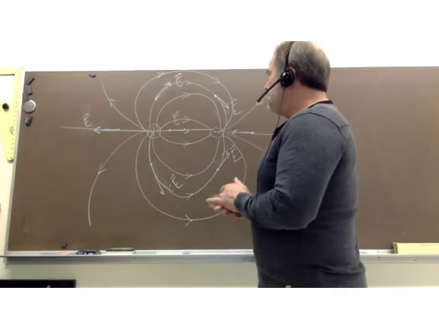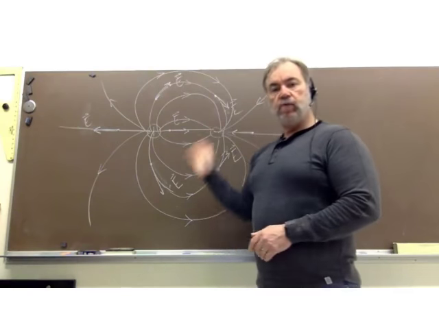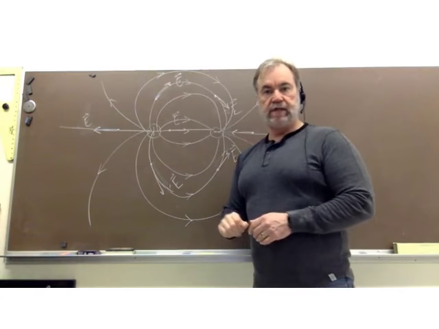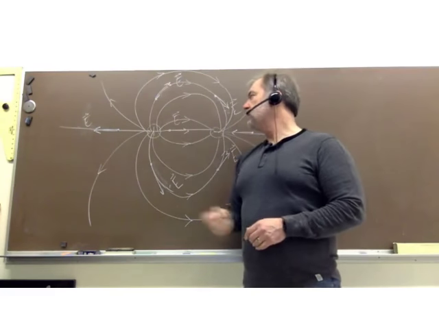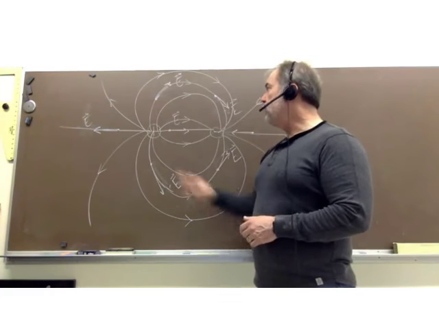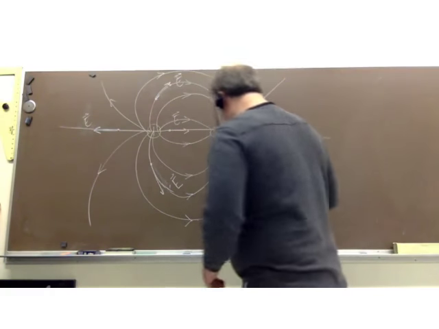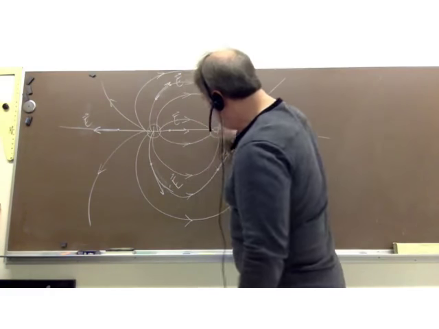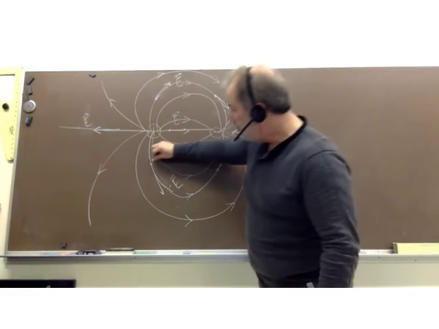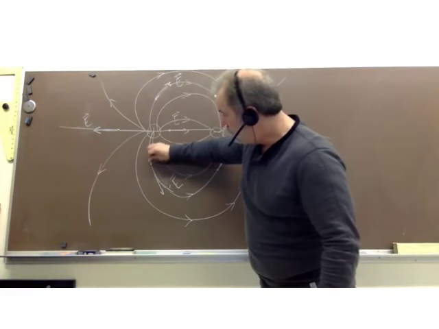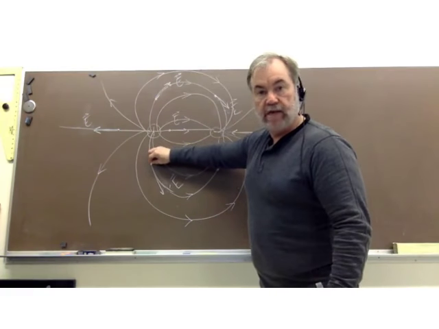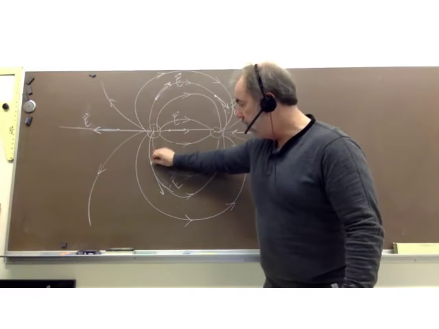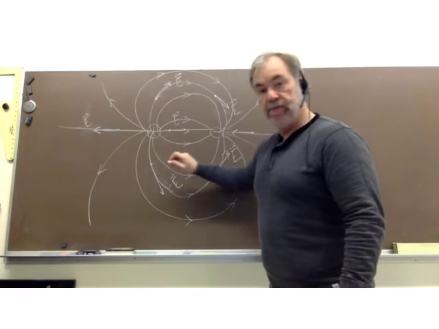It seems right off the top of your head that we have lost that information by drawing these curved field lines rather than the straight field vectors. The directions are okay. The way we interpret this is that at any point on a field line, the direction of the field is indicated by the tangent of the field line at the point of interest.